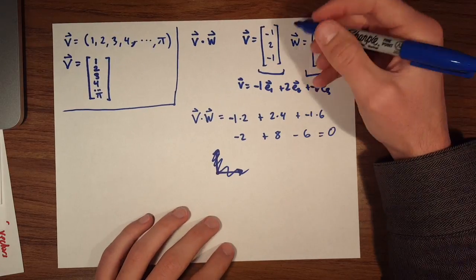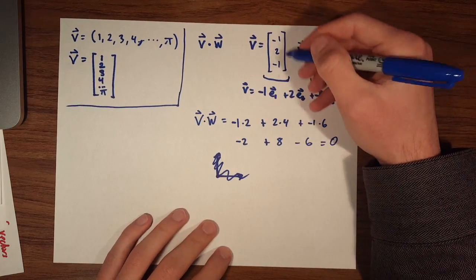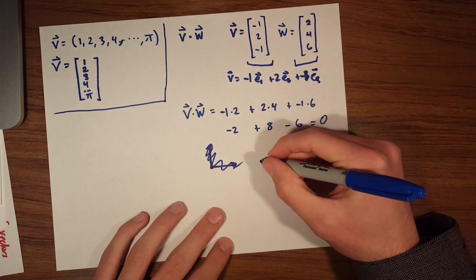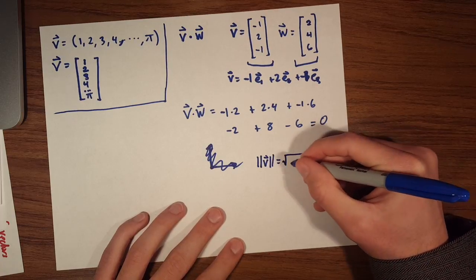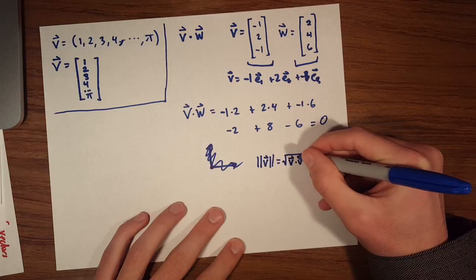Yeah, so let's talk about computing the magnitudes of these vectors. So remember, the magnitude of v is given by the square root of v dot v.